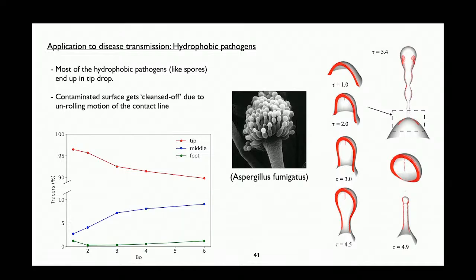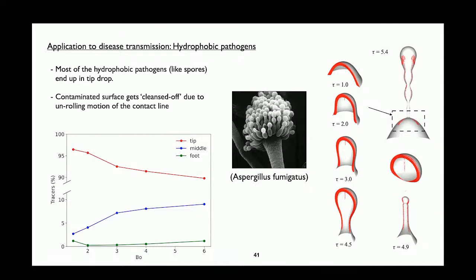These tracers could represent contaminated droplets, for example, a type of fungus which often causes irritation in asthma patients or patients with lung preconditions and blood clotting issues. This type of fungi is often a hydrophobic spore, so it has a tendency to sit on the outer surface of this water-air drop.